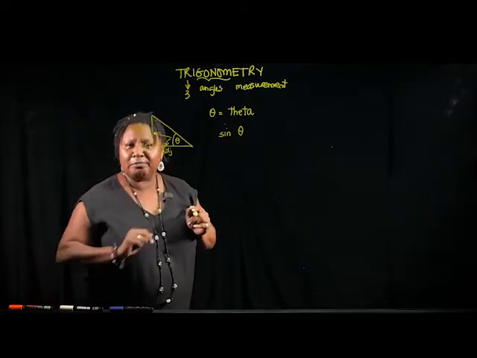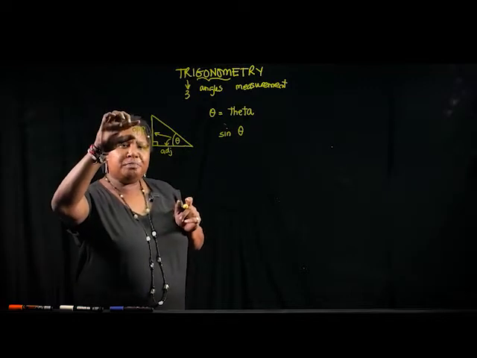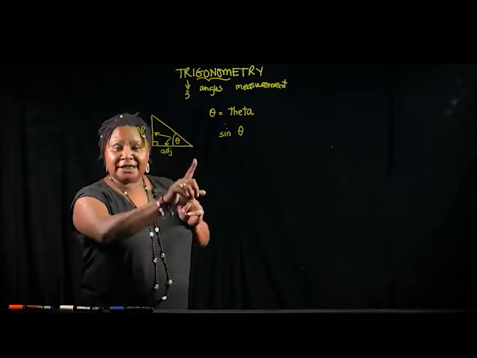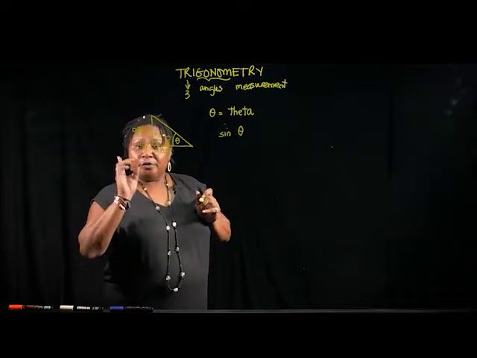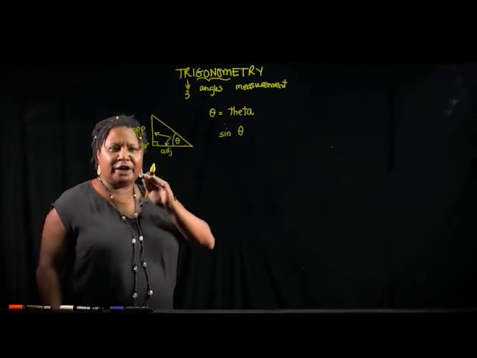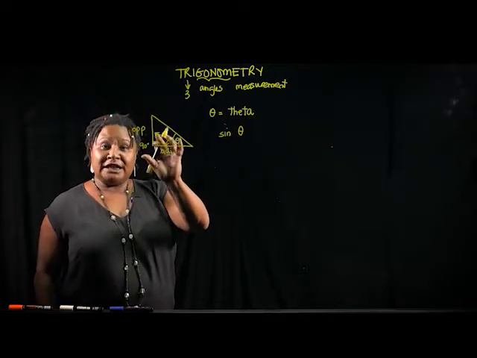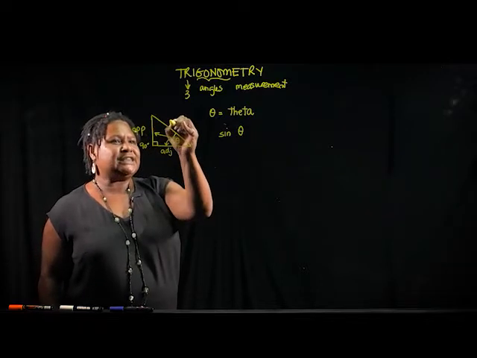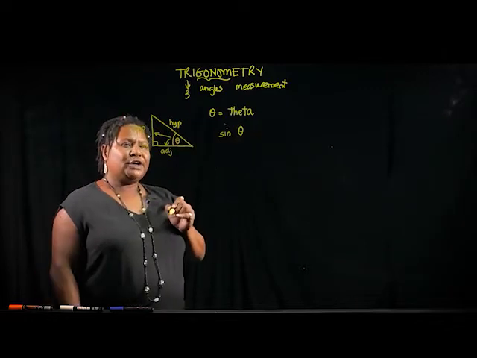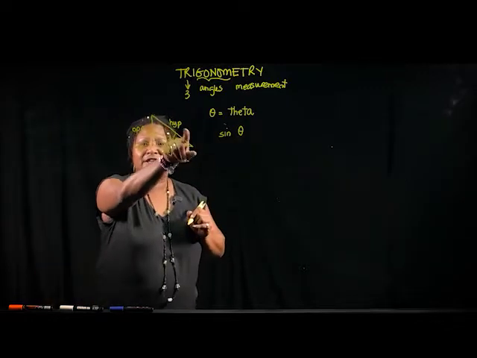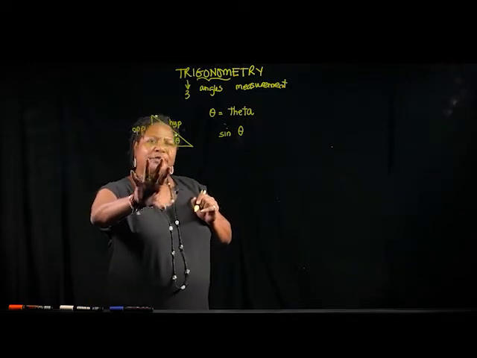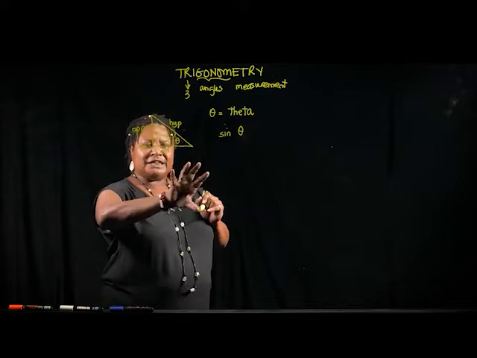Again, we are using the abbreviations here. OPP for opposite side, ADJ for adjacent side. Now, remember from Pythagoras, the longest side in a right angle triangle, always opposite the right angle, is known as the hypotenuse. Okay, and that hypotenuse is abbreviated to HYP. Now we know the names of the sides.